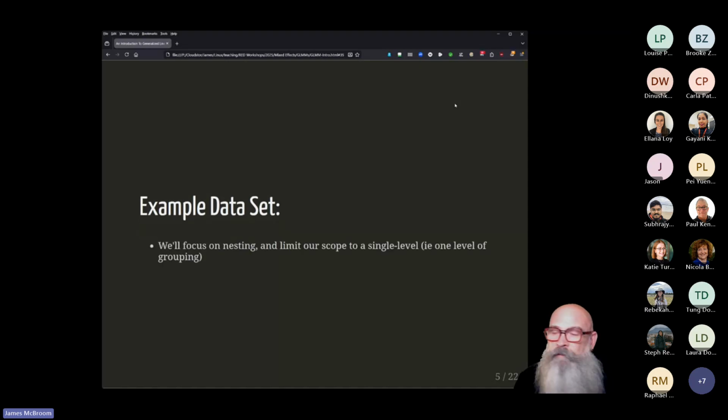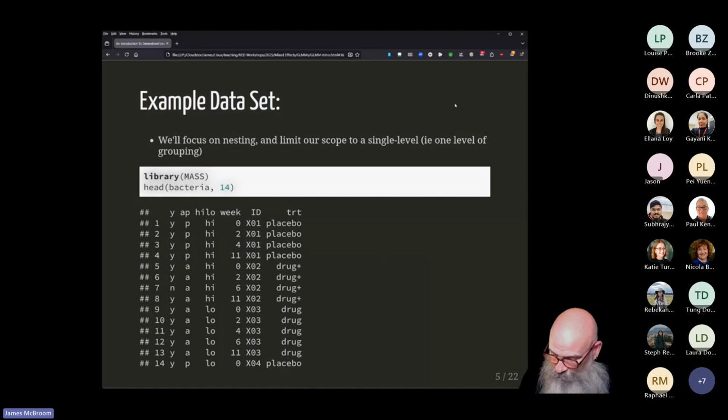So let's look at an example data set that's fairly typical of a basic form of data that you might get collected. This is an example that I worked on in my first job out of uni, when I was in Darwin, working as a biostatistician for a year before I went overseas to do my DPhil.